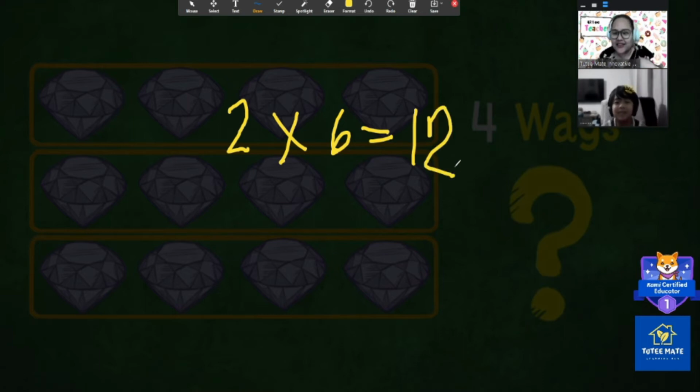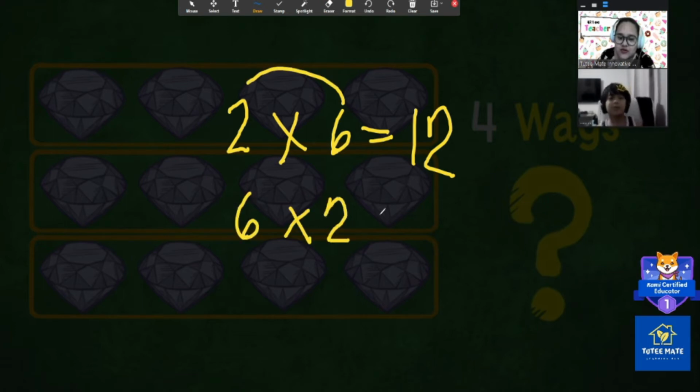Like 7 plus 5, that's 12. Multiplication. Switch it: 6 times 2 equals 12.